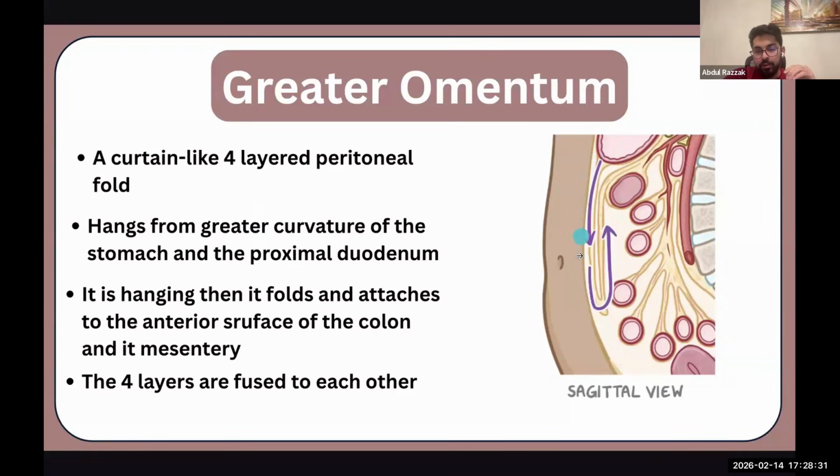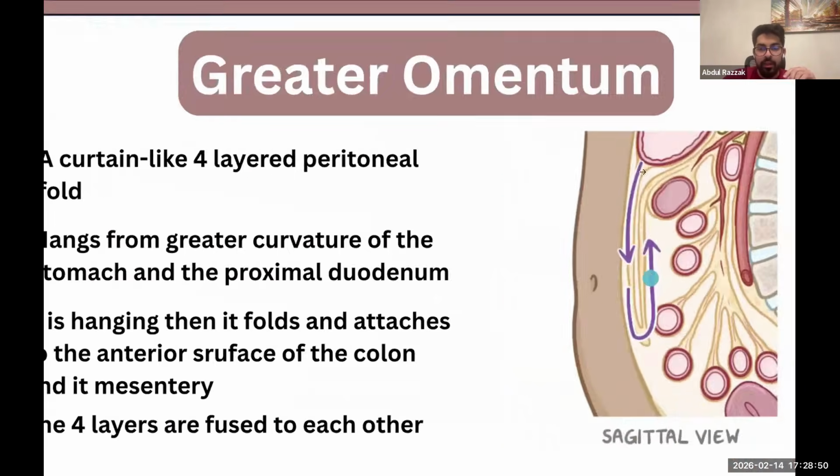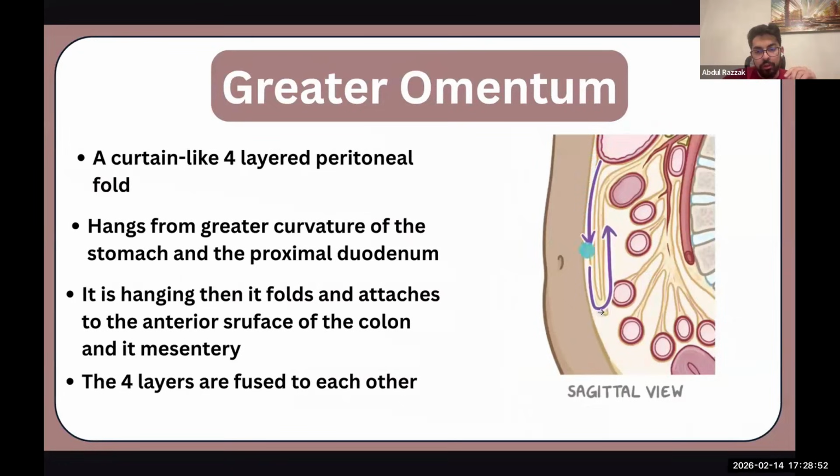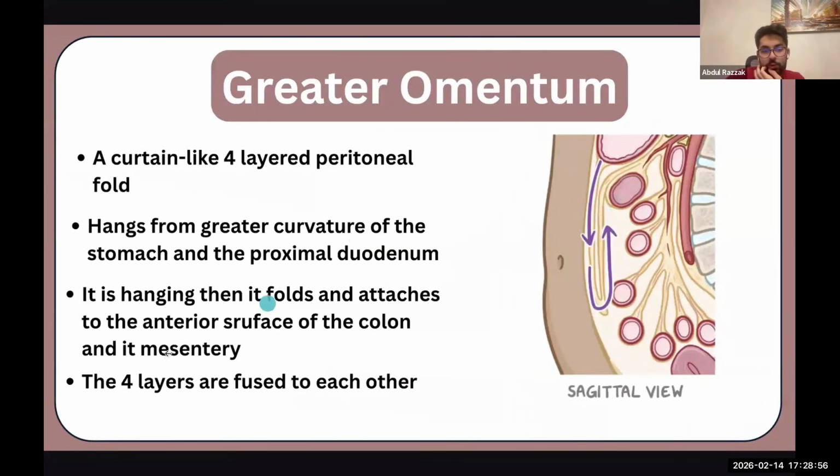It's hanging, then it folds back and comes back up, and attaches to the anterior surface of the colon and its mesentery, specifically the transverse colon. If you zoom in here, we have four layers of peritoneum in this area due to the peritoneum going down, then folding on itself and coming back up. These four layers are attached or fused to each other.